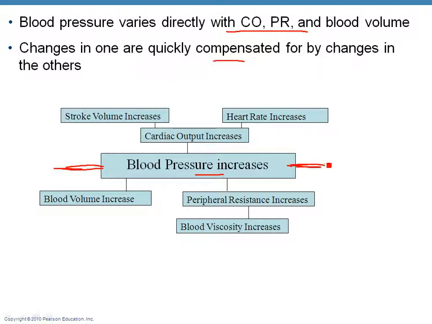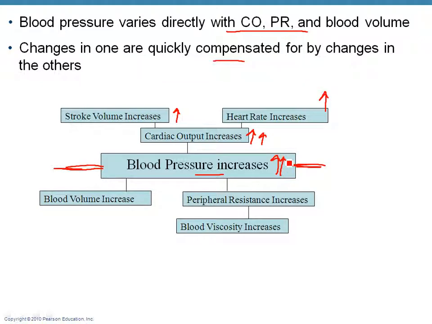What happens if you increase your heart rate? You increase your heart rate, you increase your cardiac output, you increase your blood pressure. If you increase your stroke volume, you increase your cardiac output, you increase your blood pressure.